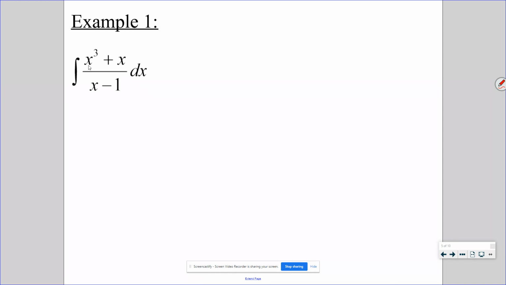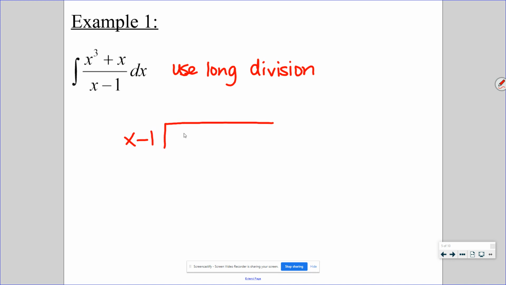This example, the numerator has a higher degree than the denominator, so we're going to use long division to simplify this down. Remember, the ultimate goal is to be able to integrate it, but I can't do it the way that it is currently because it is too complicated. So we are going to use long division to actually figure out what x to the third plus x divided by x minus 1 would be.